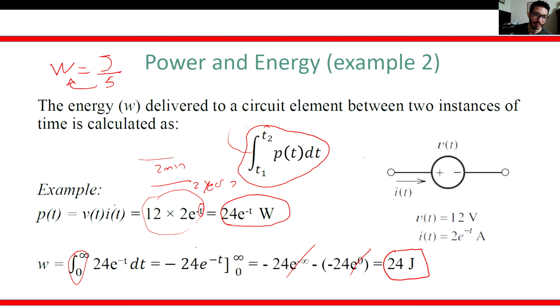If you remember, electric current is charges flowing through an area in a specific amount of time. That's why we have power as a function of time, because electric current is a function of time.